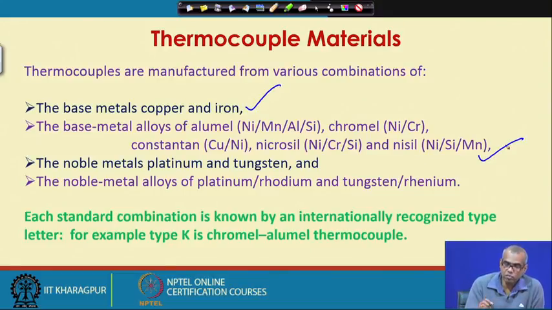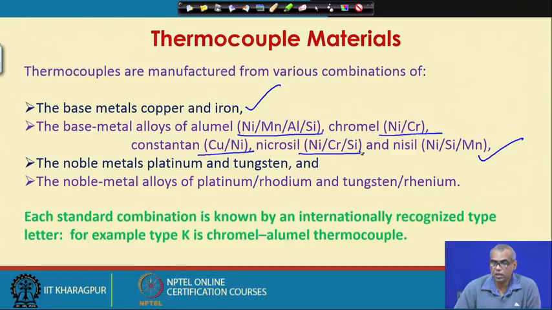Alumel is an alloy of nickel, manganese, aluminum and silicon. Chromel is an alloy of nickel and chromium. Constantan is an alloy of copper and nickel. Nicrosil is an alloy of nickel, chromium and silicon, and nisil is an alloy of nickel, silicon and manganese.